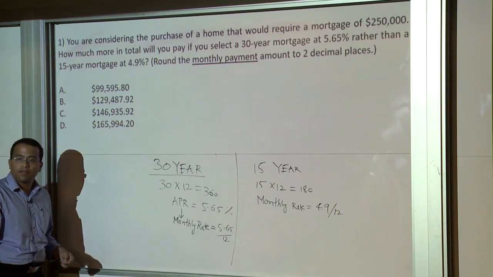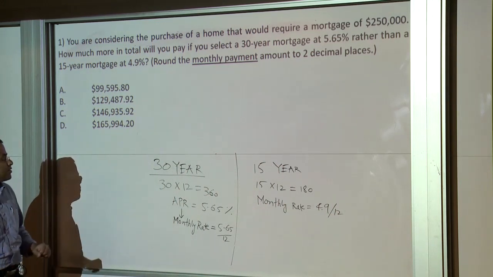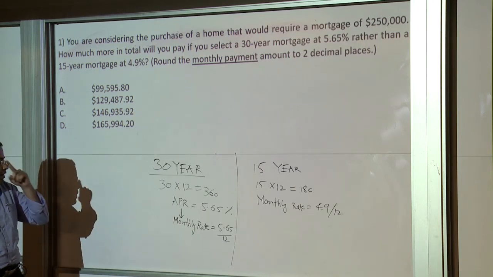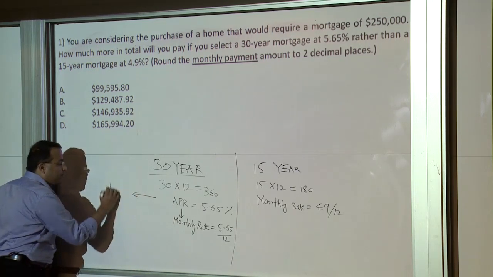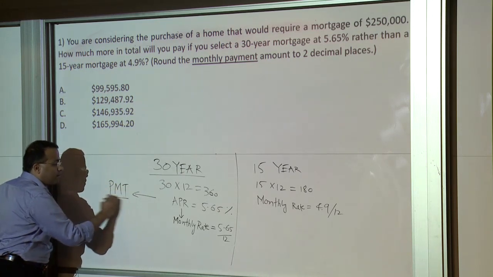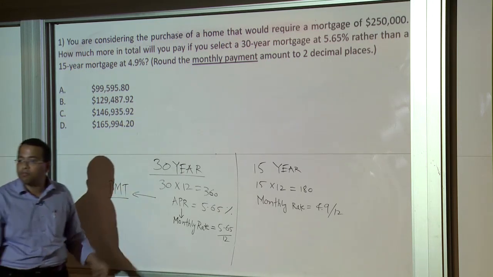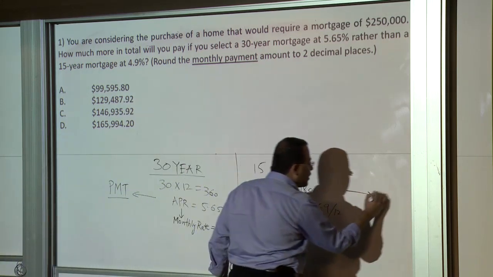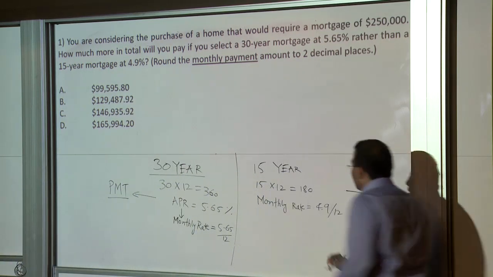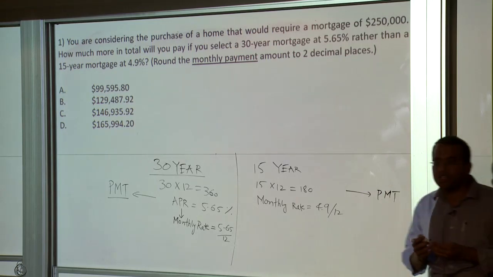So that's another important issue. And then once you have these 2, you can go ahead and calculate the PMTs. The PMT stands for the monthly payment in this case, and similarly for this case as well, we can go ahead and calculate a PMT. So this is the basic setup of the question.